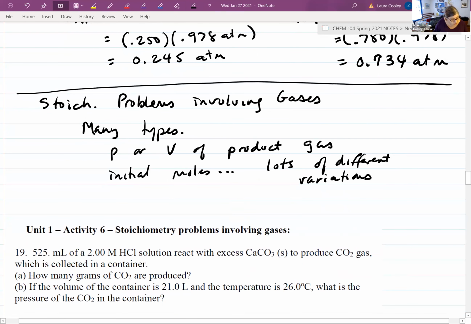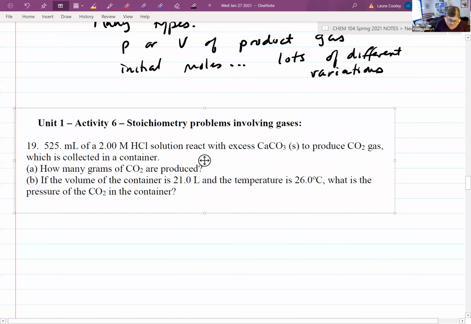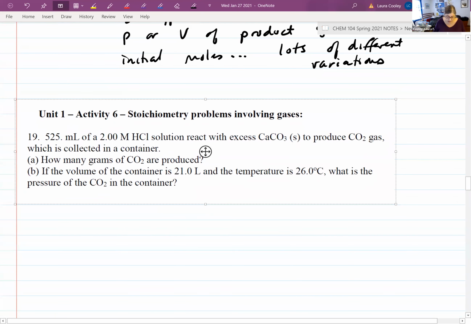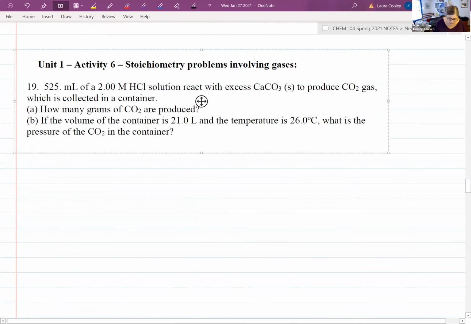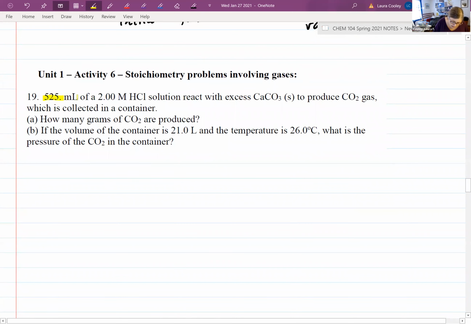So I'm just going to start by showing you an example. This is a stoichiometry problem. Let's take a look at it, because it's probably been a while since you thought about some of these things. 525 milliliters of a 2-molar HCl solution reacts with excess calcium carbonate, which is a solid, and it produces carbon dioxide gas collected in a container.